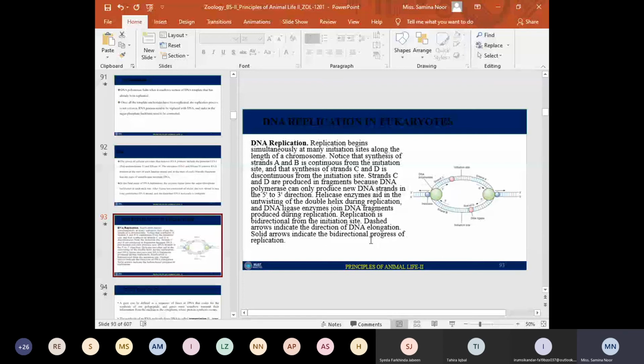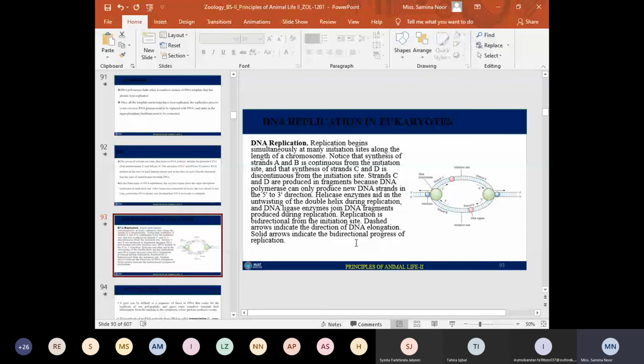The synthesis of strands A and B is continuous from the initiation site, and the synthesis of strands C and D is discontinuous. The discontinuous strands are synthesized in fragments known as Okazaki fragments, and the strand is known as the lagging strand.